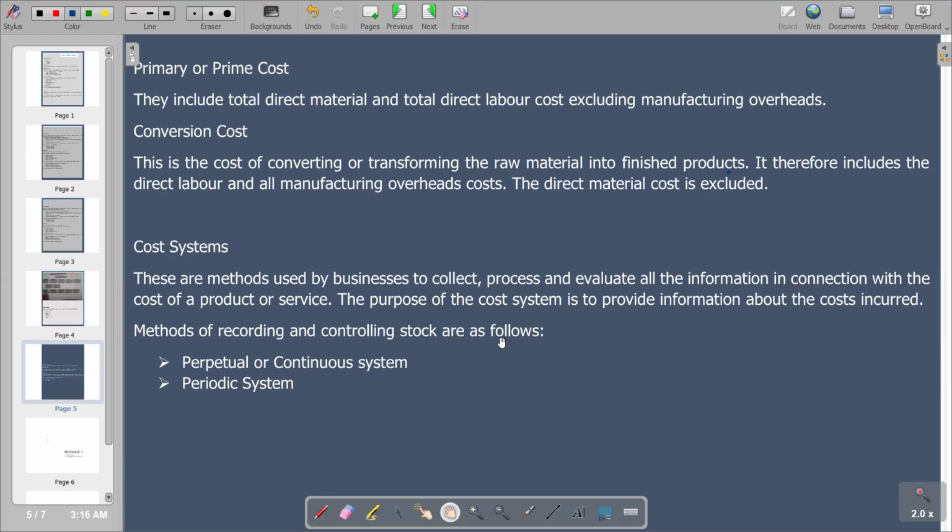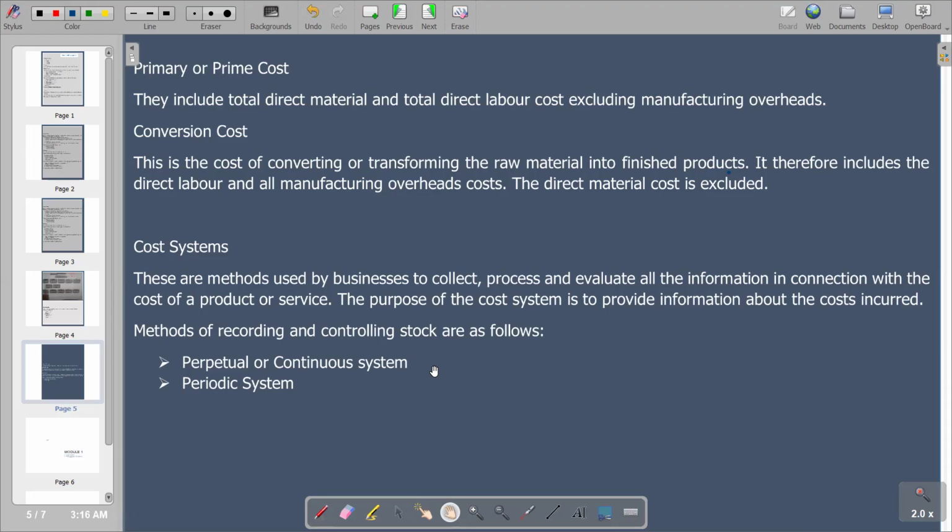So the difference between the two is how they measure the costs. On perpetual, we are saying the measurement is continuous. At any time during the financial period, we can have the cost of inventory, for example. We can have the cost of sales being presented at any point in time.